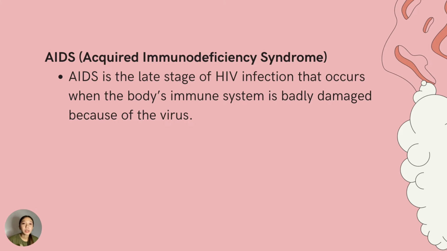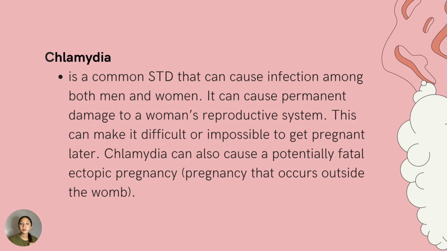Class, HIV is a virus, kaya nga HIV, human immunodeficiency virus. Okay? The cause of AIDS is HIV. If left untreated, HIV can lead to the disease AIDS. Hindi ko na palalalimin pa yung discussion ko sa HIV and AIDS. Dahil madami pa tayong i-discuss na iba't ibang klaseng sexually transmitted disease.